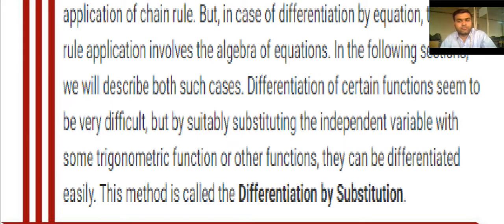Differentiation of certain functions seems very difficult, but by suitably substituting the independent variable with some trigonometric functions or other functions, they can be differentiated easily. This method is called differentiation by substitution.